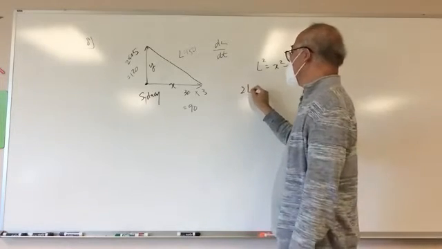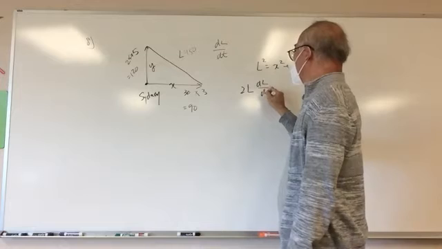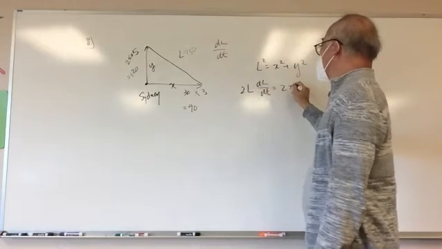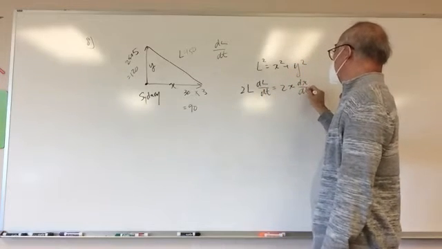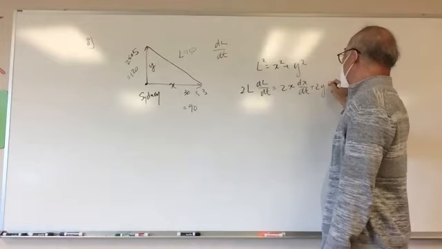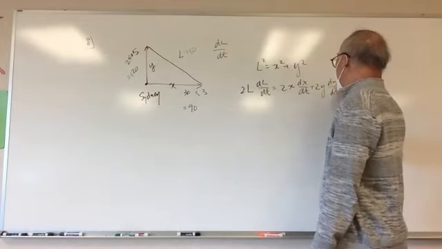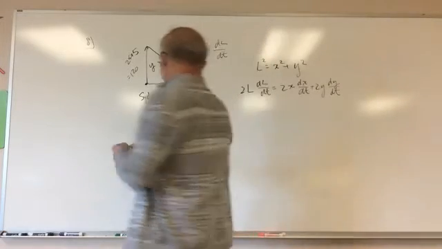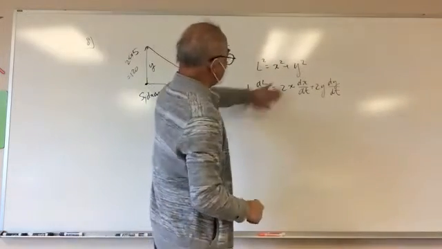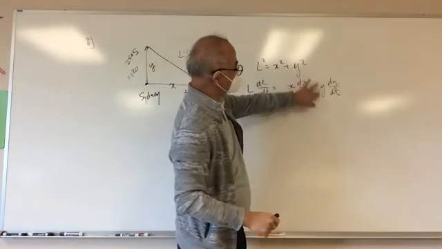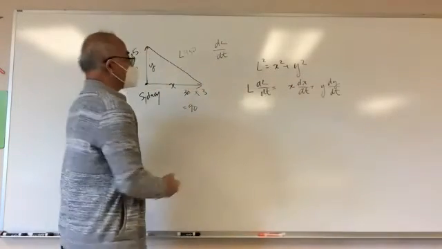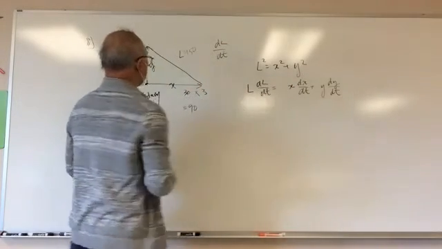Take the derivative. 2L dL/dt equals 2x dx/dt plus 2y dy/dt. So the first step we're going to do is divide it by 2. We don't need the 2s. They're all the same. Okay, we're trying to find this guy out, right?